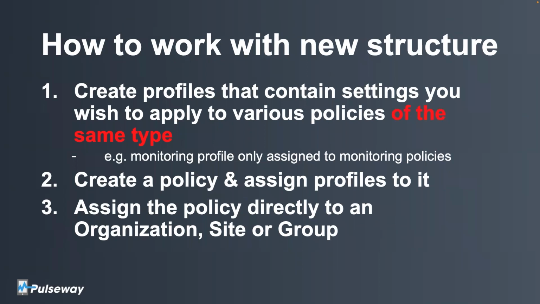So you can only assign a monitoring profile to a monitoring policy. Once you've created those profiles, you then create a policy, and then you assign profiles to it. In this order, and then you assign that policy directly to an organization, site, or group.